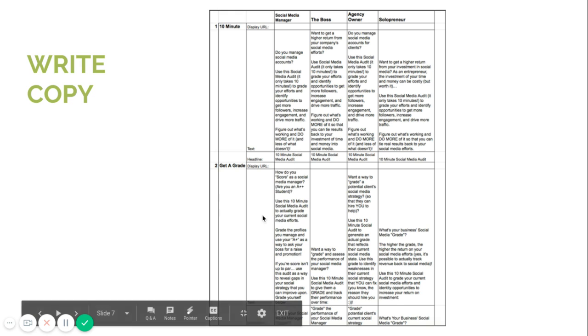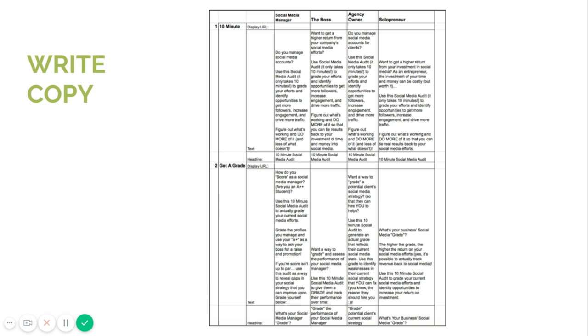And each hook is going to have its own separate copy that goes along with the avatar, and you're just going to fill it in accordingly with headlines and descriptions and subheaders based on that hook and that avatar and what they're interested in. Pretty simple, right? And that's the first tab of your spreadsheet.